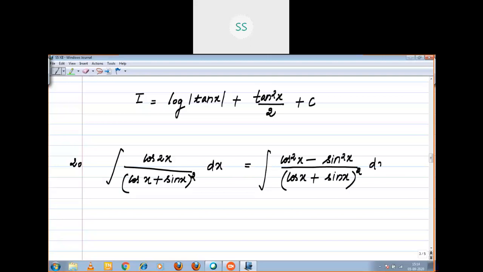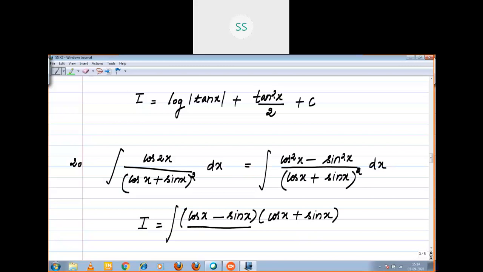Got it, children? Now the numerator I am going to write in terms of a plus b into a minus b: integral cos x minus sin x into cos x plus sin x divided by cos x plus sin x the whole square.